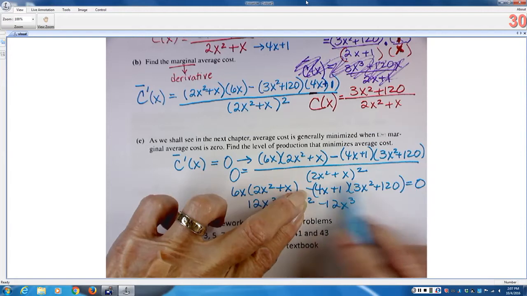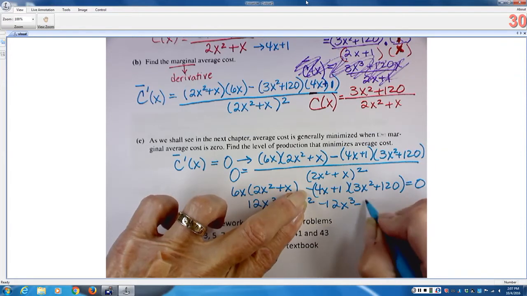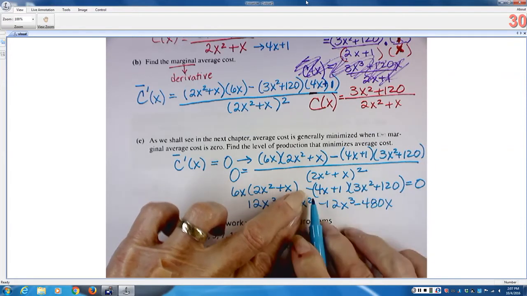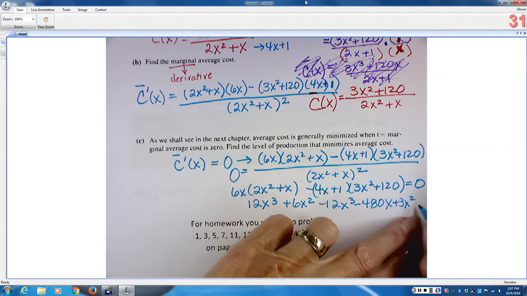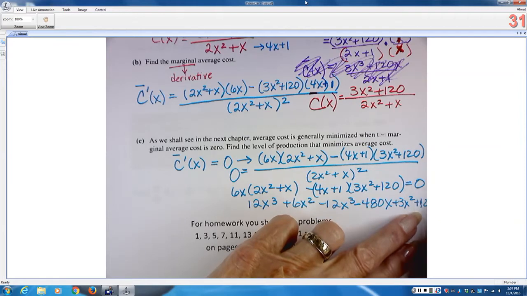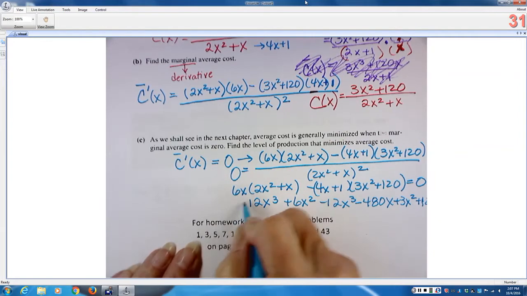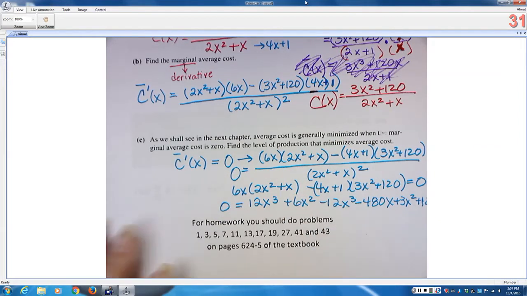Minus 4 times 120 is minus 480x, and 1 times 3x is 3x squared, and 1 times 120 is 120, and I would set that all equal to 0.